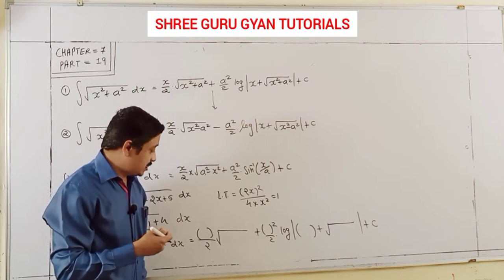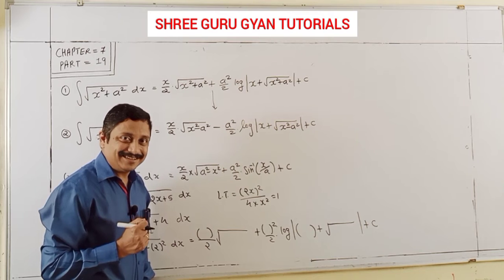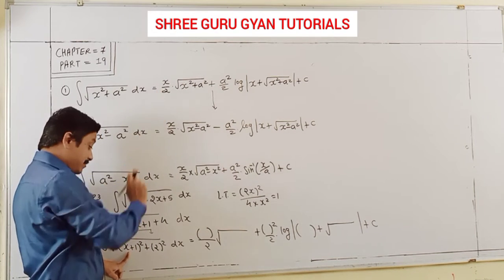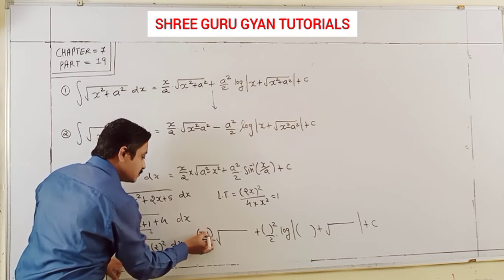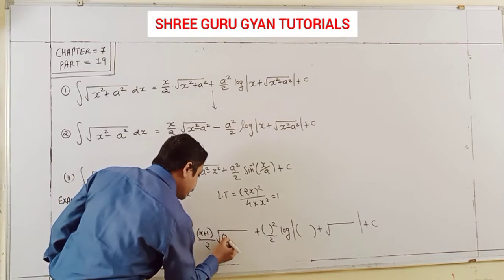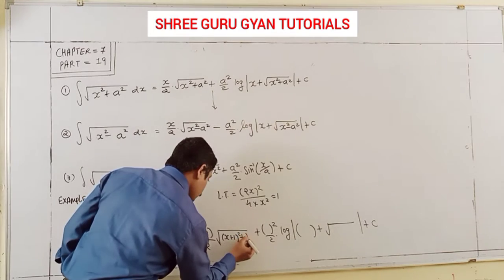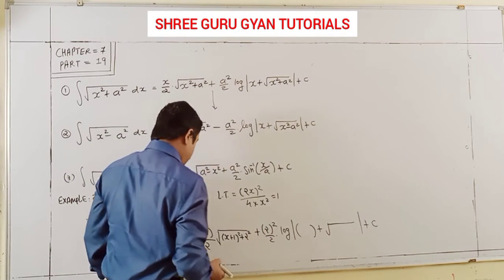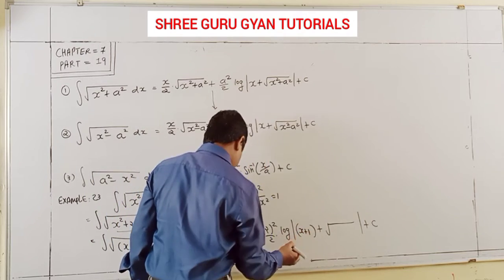Totally write it down in the empty bracket. Now what is your x here? In this sum x is x, but my x value is x plus 1. And here same, a I have 2, and x again x plus 1, and in the root.